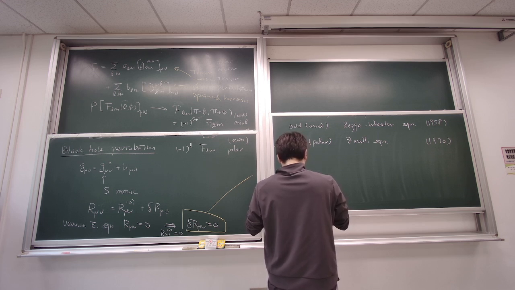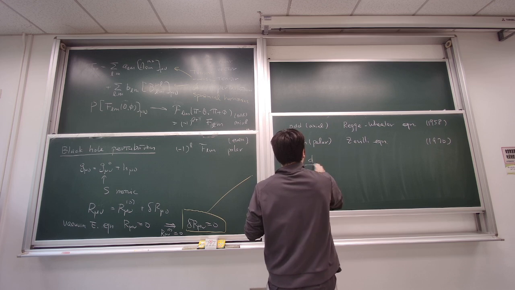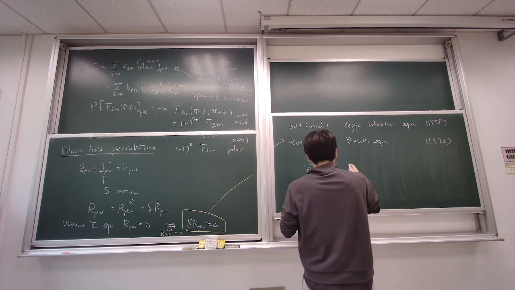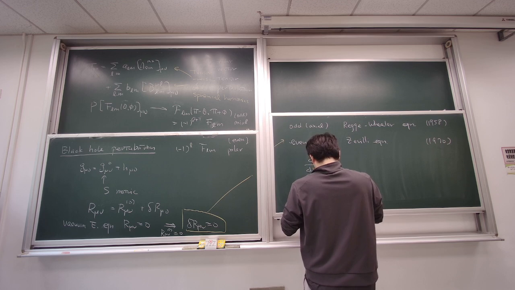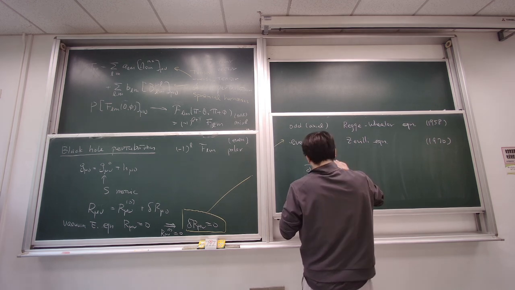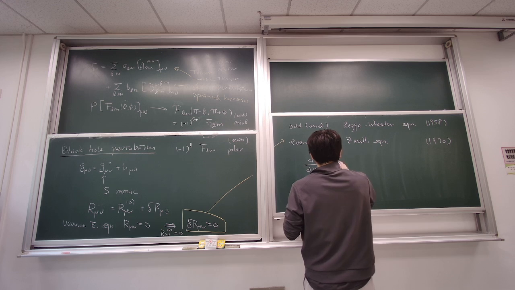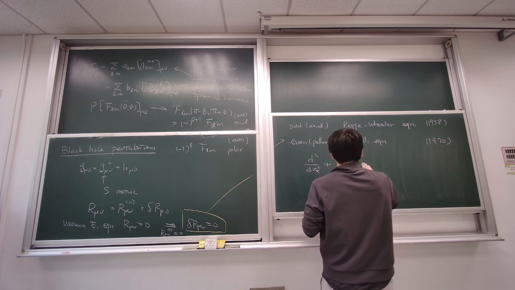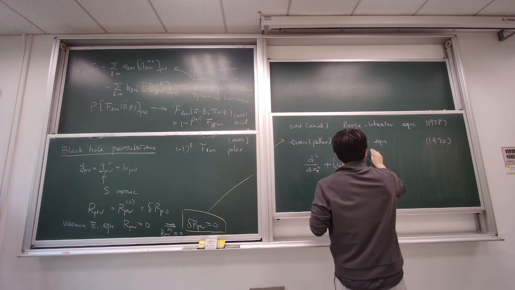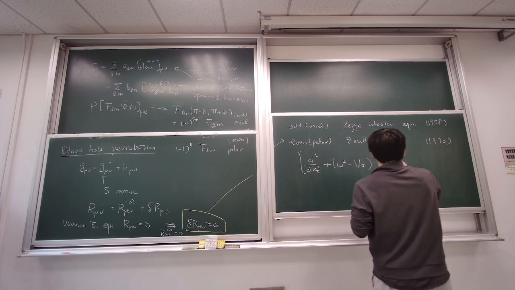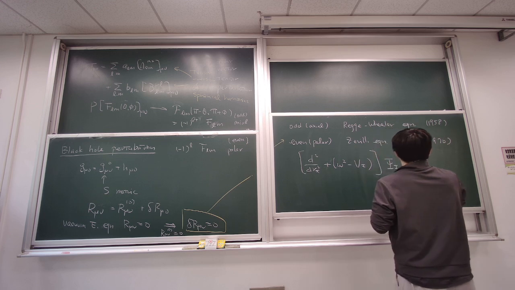So the equation becomes like this: d squared over dr star squared plus omega squared minus V plus minus, acting on psi plus minus, equals 0.